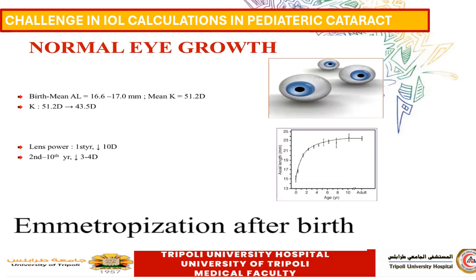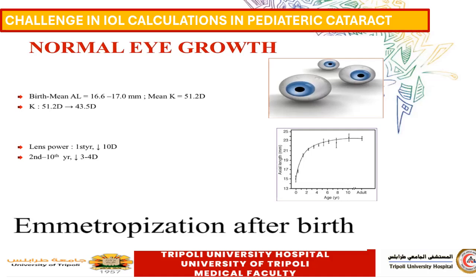Very important in the sense that if we do cataract surgery and we keep the patient aphakic, this aphakia will disturb the whole process of emmetropization, and the hypermetropia will trigger more increase in the axial length. That's why we notice that patients who are not implanted with an IOL or who use glasses after surgery will have severe myopia and increase in the axial length when they grow up.